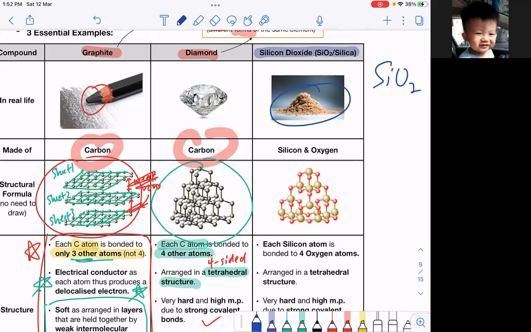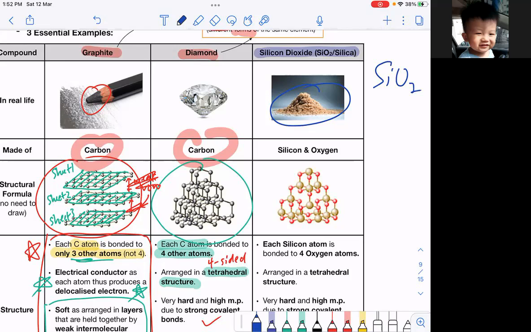You might be wondering, hey teacher, but sand is so soft. Is sand soft or hard? But how come sand is so soft? I mean, you go to the beach, you walk on the sand, you know sand is soft. But how come I'm telling you sand is hard here, but at East Coast Park, sand is soft? Because it's very small, so each grain is very hard.